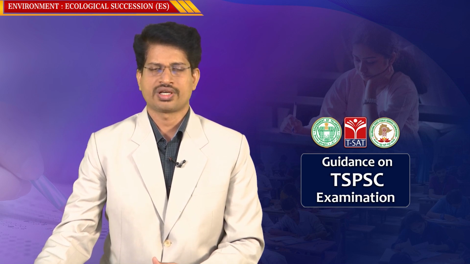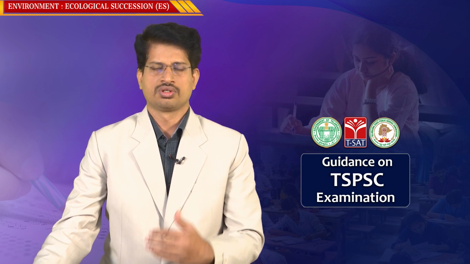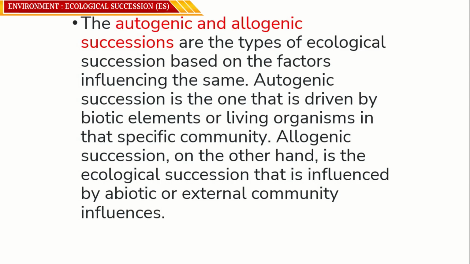After understanding this, this is how you need to describe and understand autogenic and allogenic succession. Successions are types of ecological succession based on the factors influencing them.